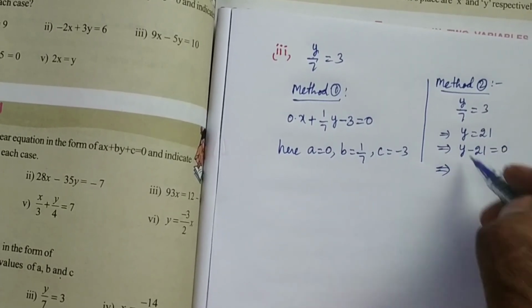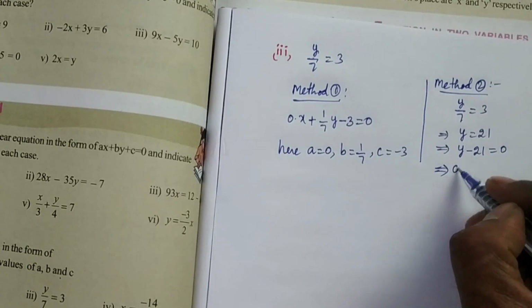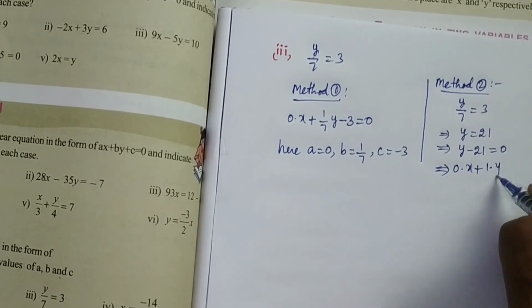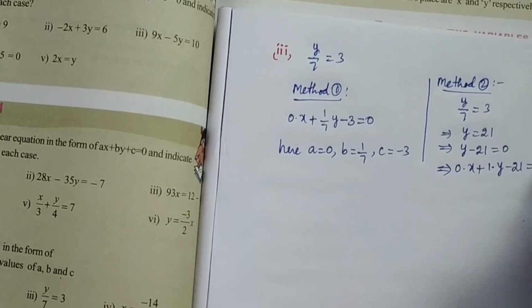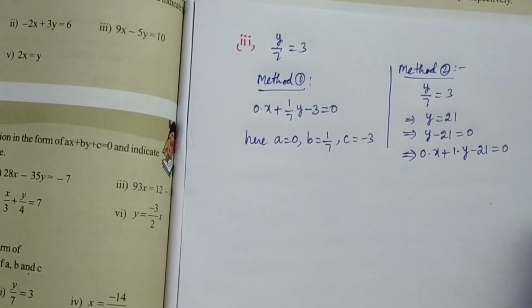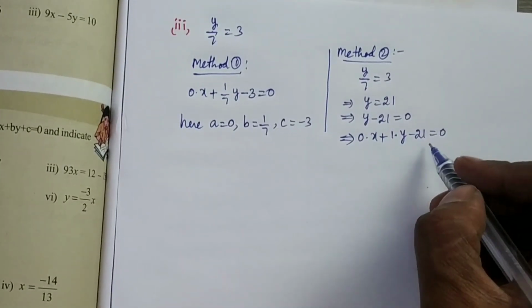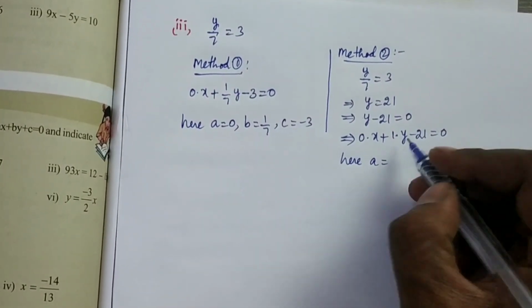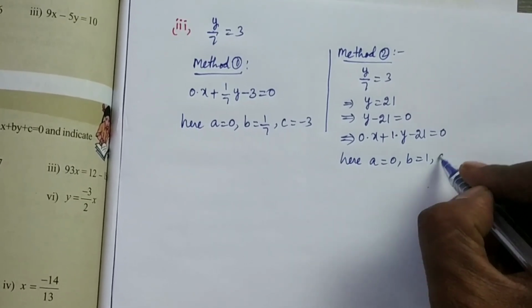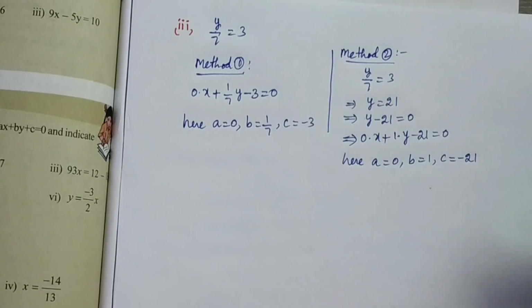Here the x term is not there, so in the place of the x term you write 0 into x. y means 1 into y, minus 21 is equal to 0. So now it is in the form of ax plus by plus c is equal to 0. a is equal to 0, b is equal to 1, and c is equal to minus 21.